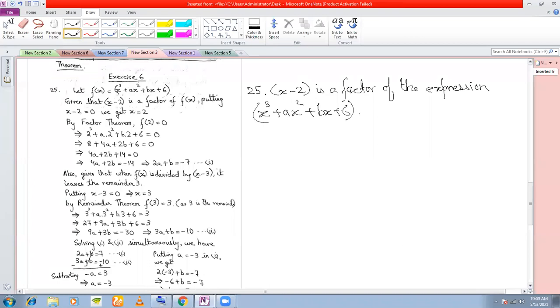When this expression is divided by x minus 3, it leaves a remainder 3.